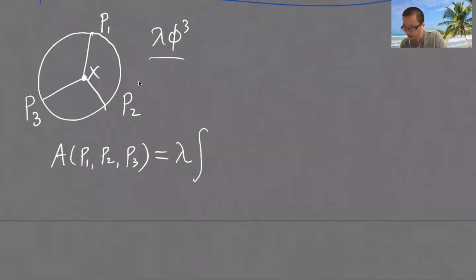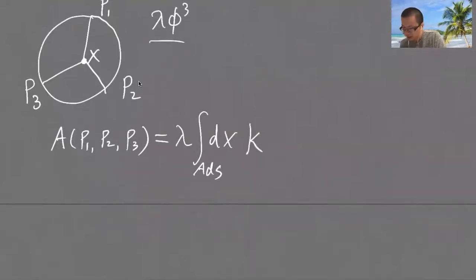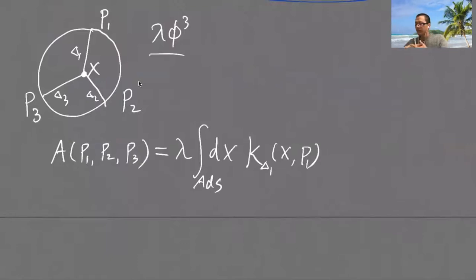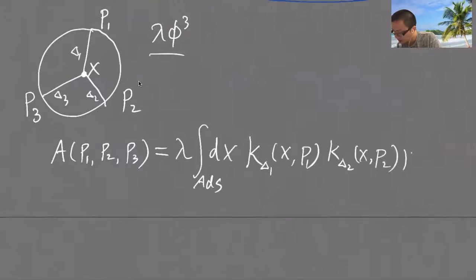So we integrate over this bulk point, exactly what you would do in flat space. So then I have K. Suppose each has a dimension delta 1, delta 2, delta 3. Okay. So K delta 1, this is the propagator from X to P1. Then another one, X to P2, and X to P3. So that's all.